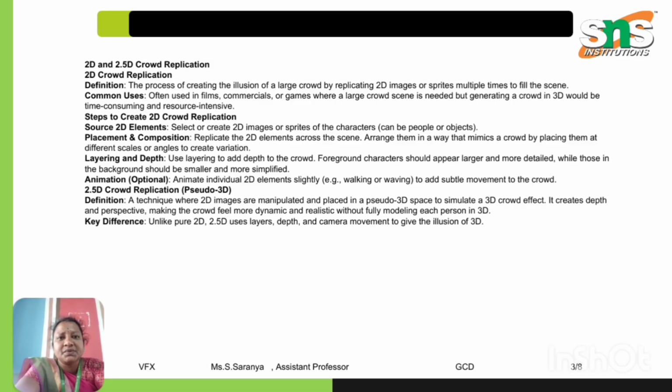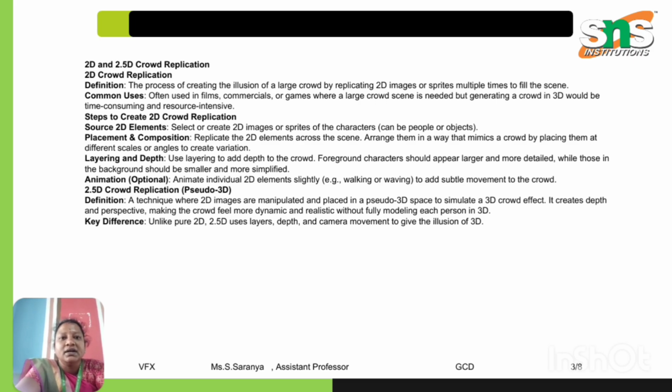Steps to create 2D crowd replication. Source 2D elements. Select or create 2D images or sprites of characters, which can be people or objects. Placement and composition. Replicate the 2D elements across the scene. Arrange them in a way that mimics a crowd by placing them at different scales or angles to create variations.